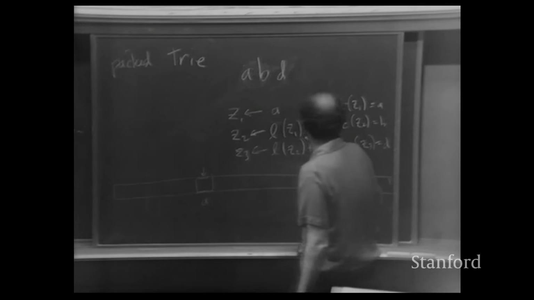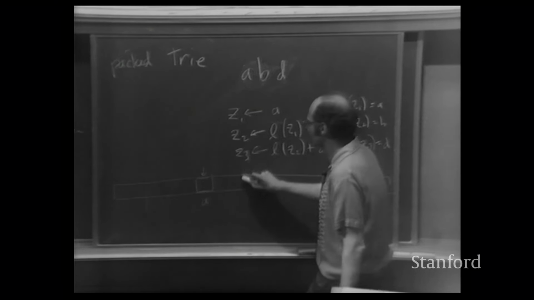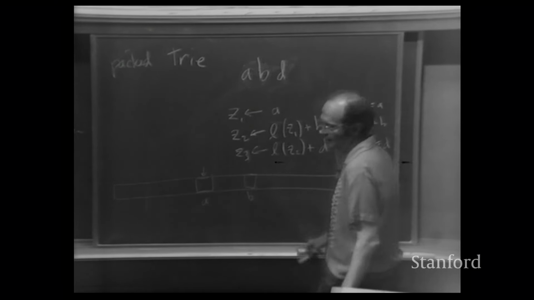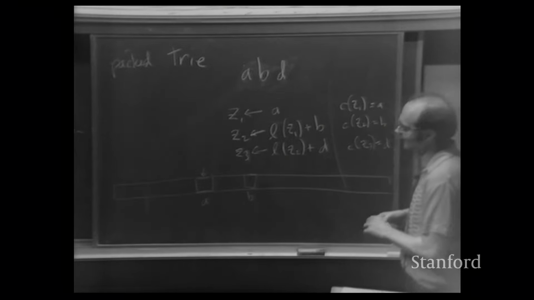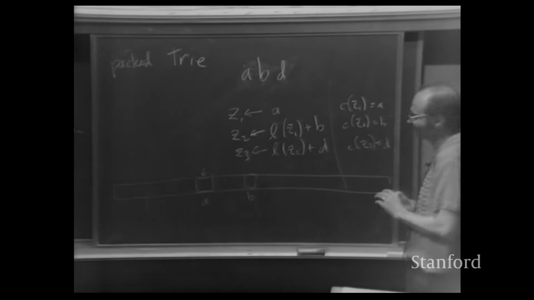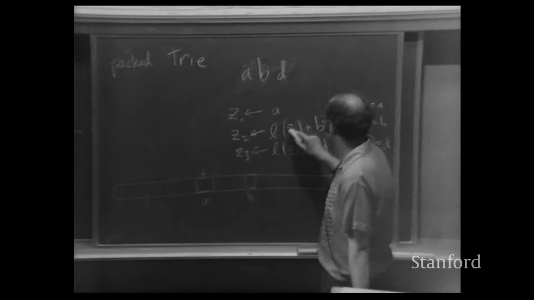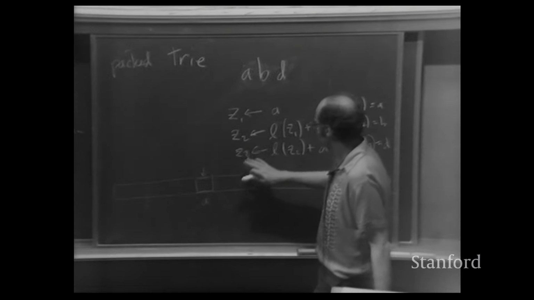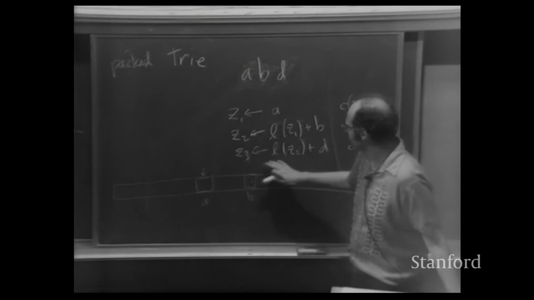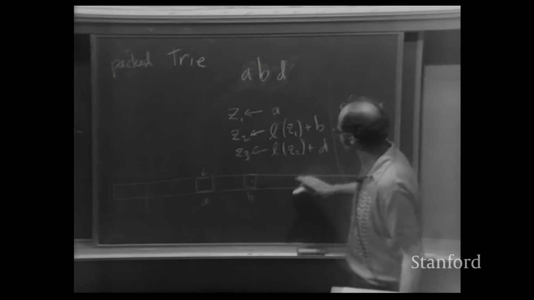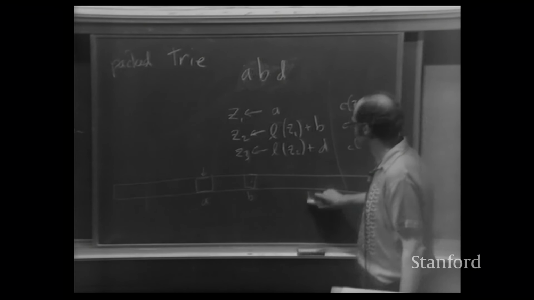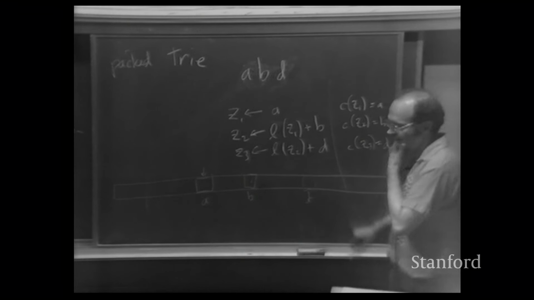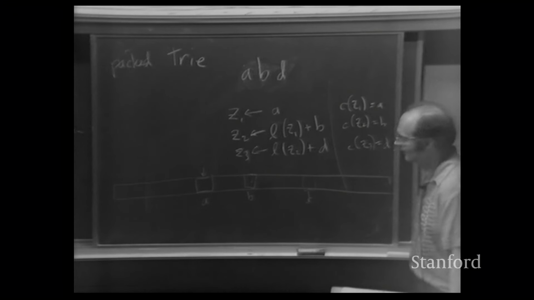So then we add B to 15, and we look here, and if there's a B stored there, then there's been a pattern starting with AB. And then we pick up L, that'll be Z2, and L of Z2, and add D to it, and we see if there's a D there. If so, then we've got an identification of that particular pattern.